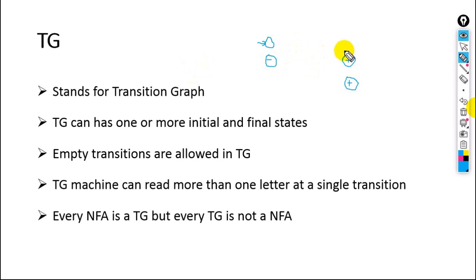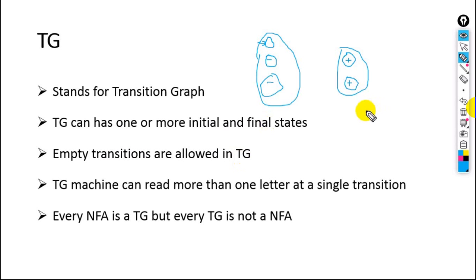So in TG we can have more than one final or initial state. Okay, next one: empty transitions are allowed in TG, the same as in NFA. So here we can also draw empty transitions.